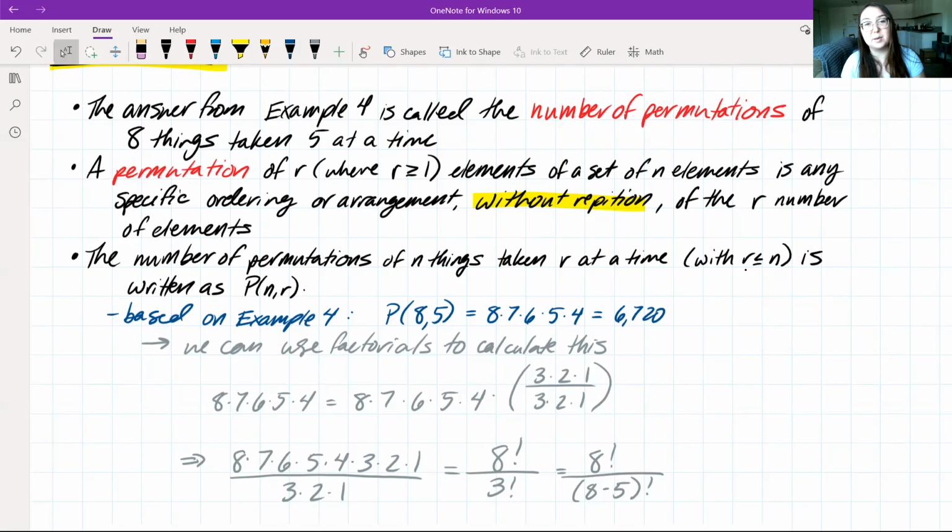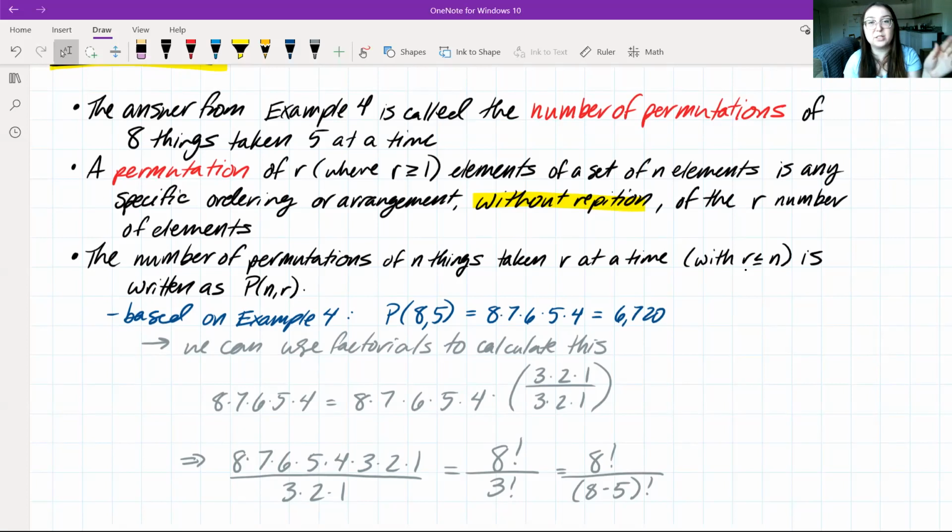So based on example 4, since we know we had 8 options and 5 slots, in this case we're going to set n as 8 and R as 5, since we're going to take 5 elements out of the total 8. So when we write this, we know that P of 8 comma 5 is going to be equal to 8 times 7 times 6 times 5 times 4.